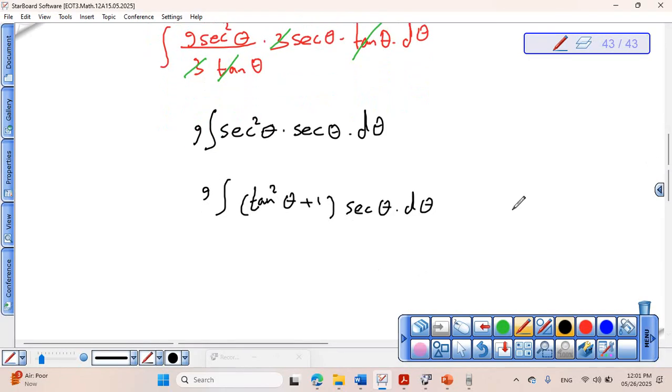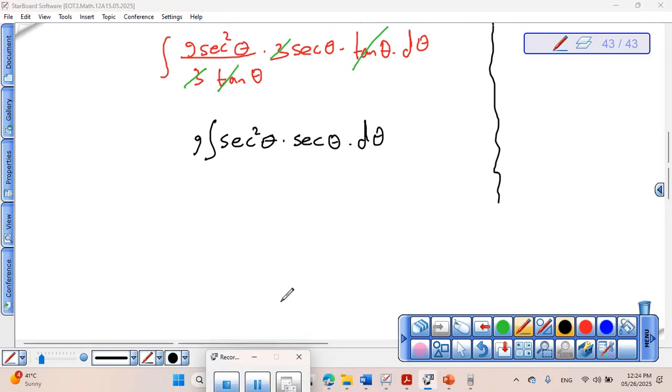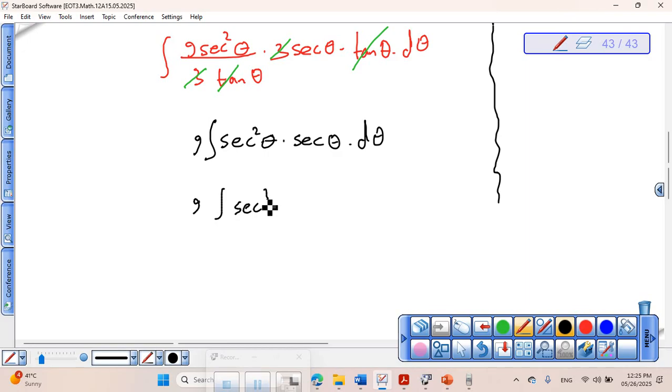How to solve this integration? This is a difficult question, I think. This is 9 integral of sec to the power 3 theta d theta.